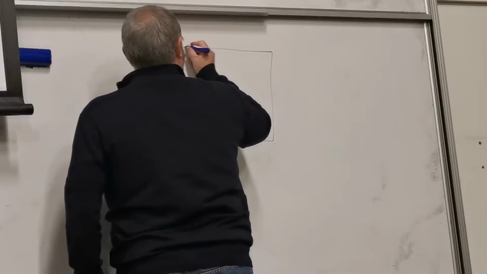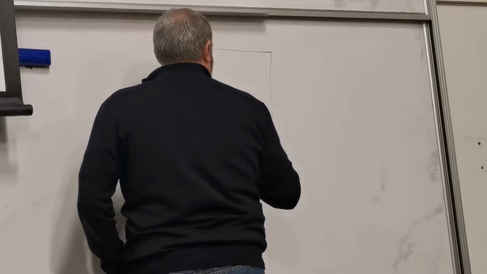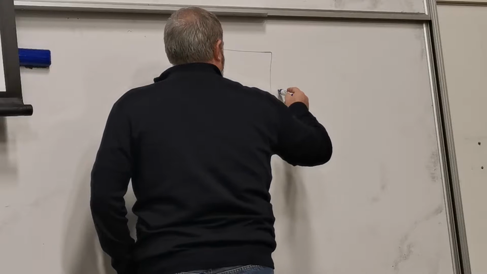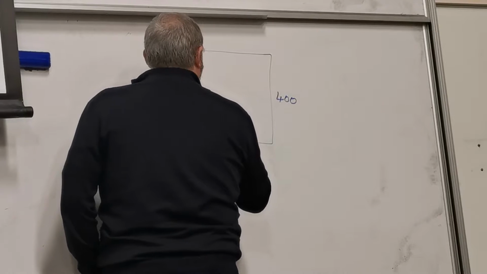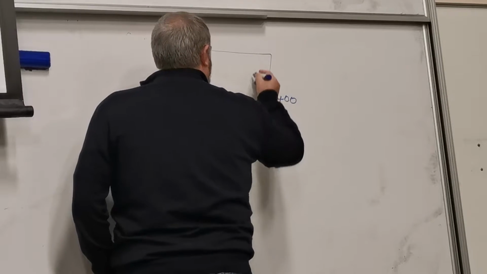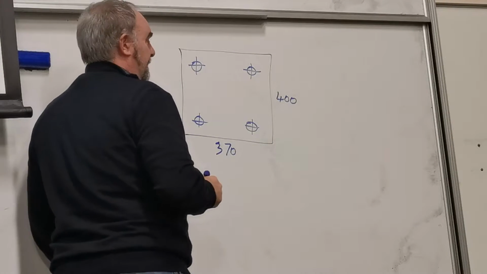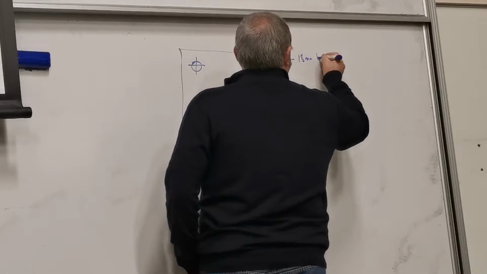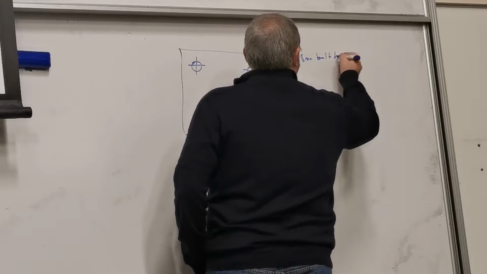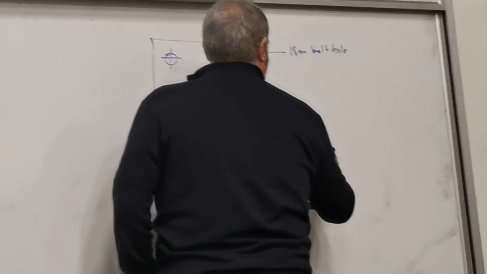We have a plate which is 370 over here, and over here it is 400. The engineer has decided that there will be 4 bolts where possible. That is an 18mm bolt hole. The plate is 10mm thick.